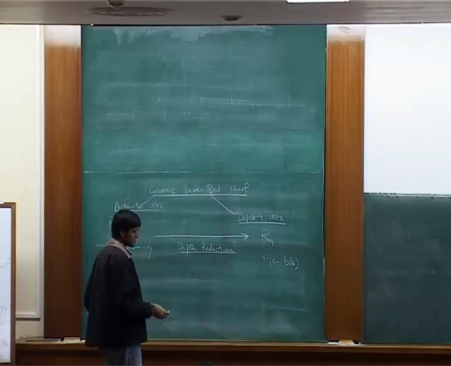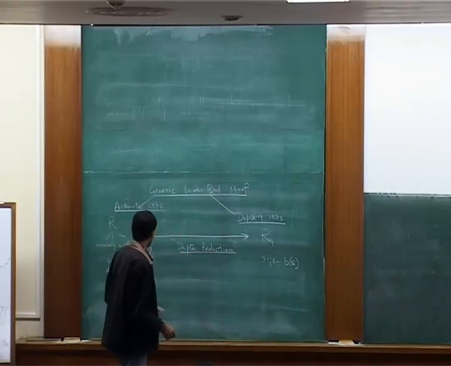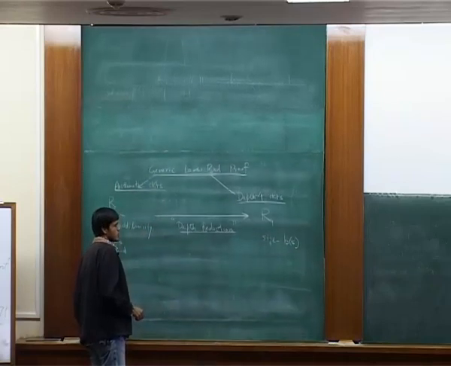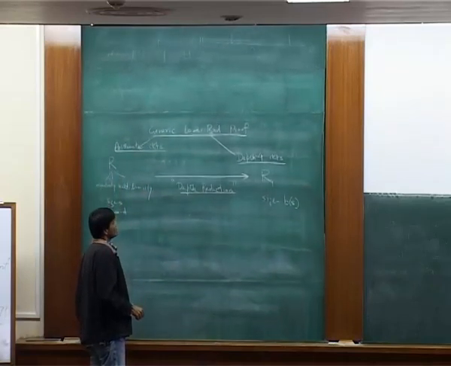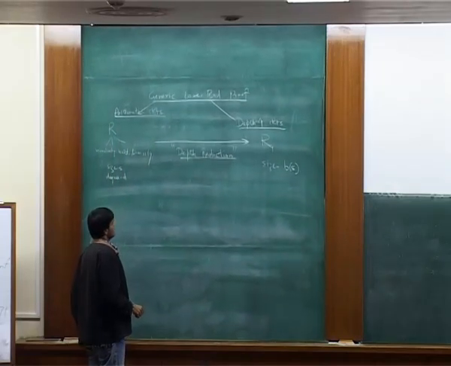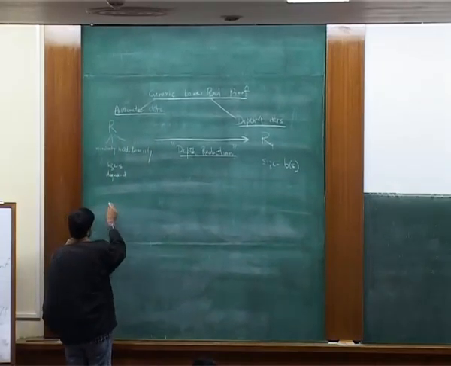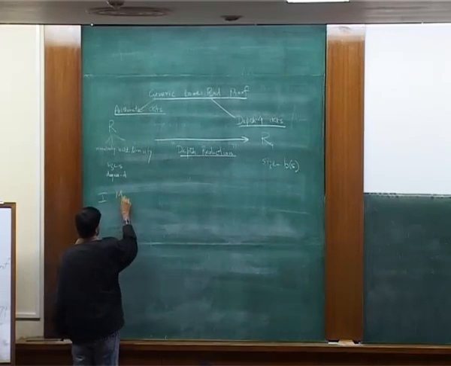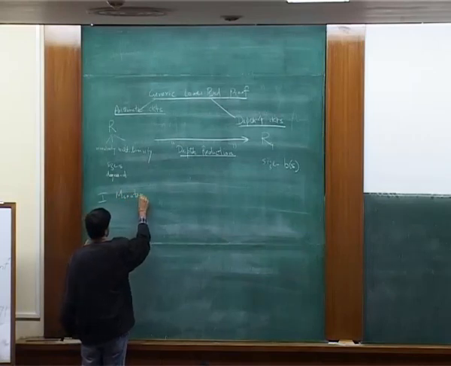Let's see some examples to formalize what I'm trying to say. These examples are from yesterday only; you have already seen these. The first is monotone circuits.